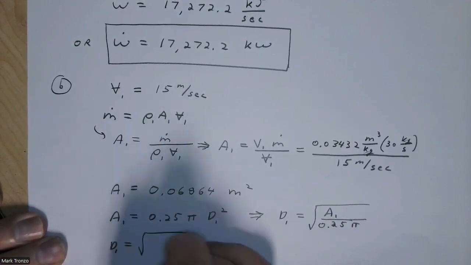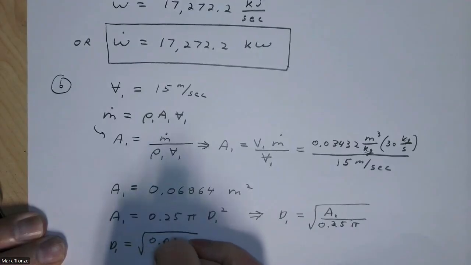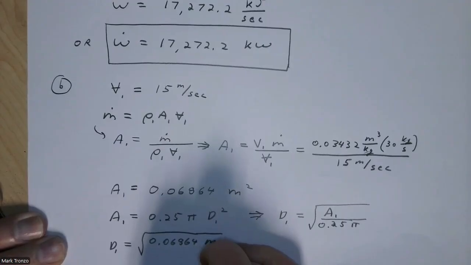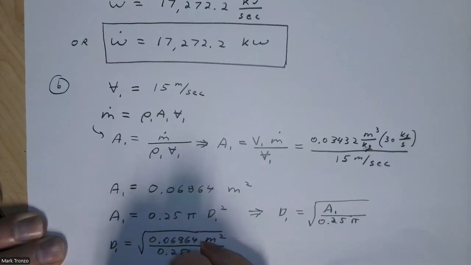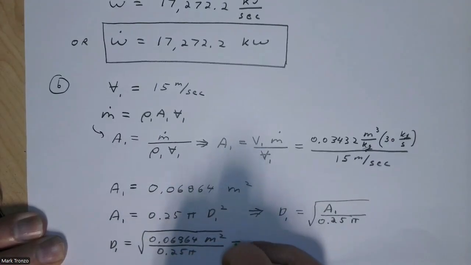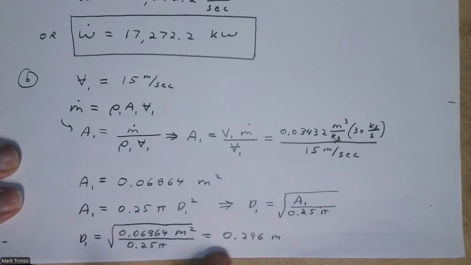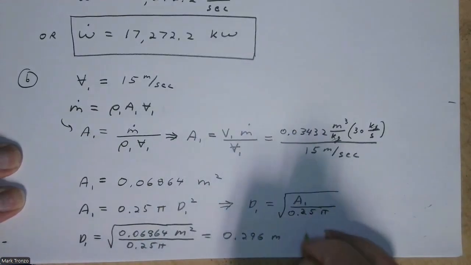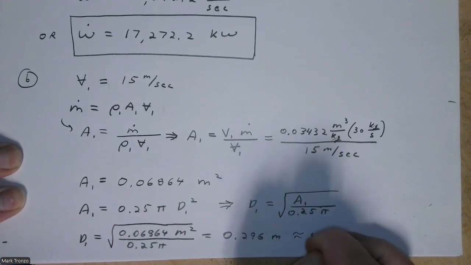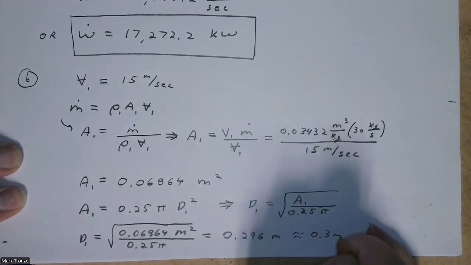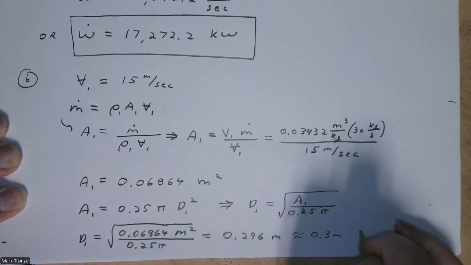And D1 is going to be the square root of 0.06864 meters squared over 0.25 pi. When I put this in my calculator, I got 0.296, so it'd be approximately 0.3 meters. So that's going to be our inlet diameter.